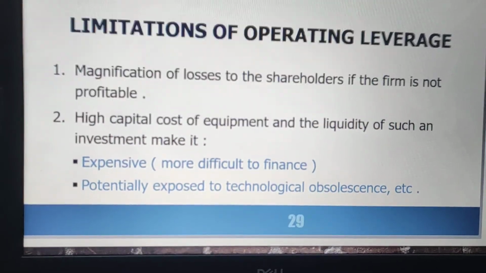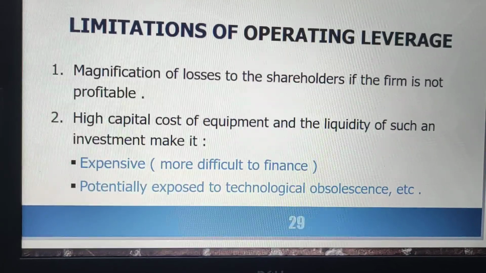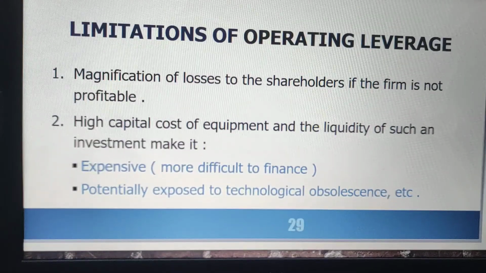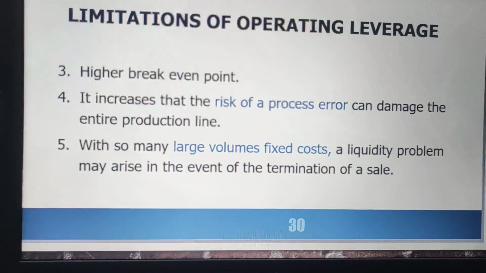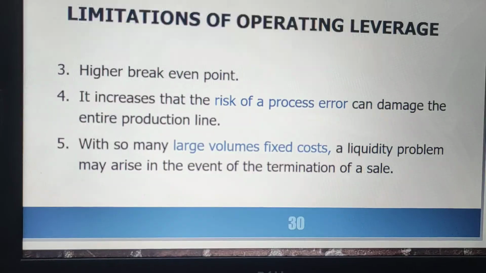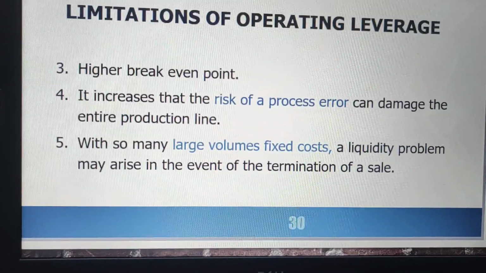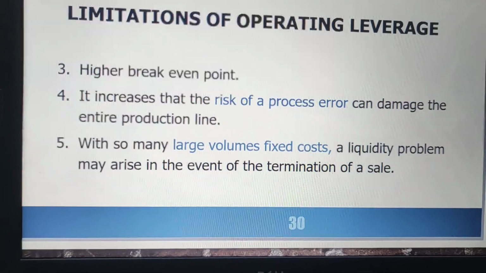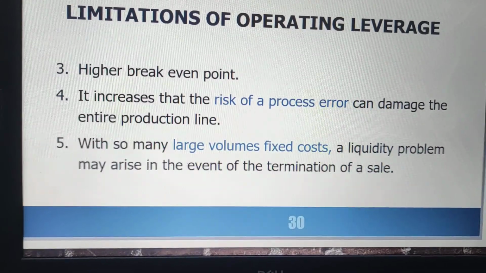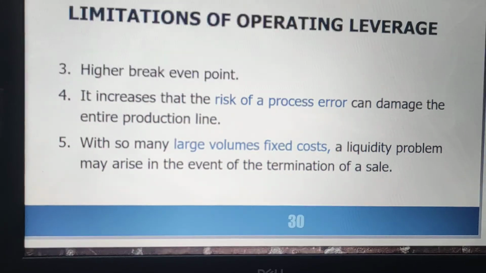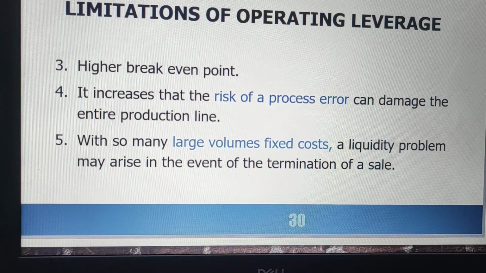High capital cost of equipment and the illiquidity of such investment make it expensive and more difficult to finance. High break-even point increases the risk that a process error can damage the entire production line. With so many large-volume fixed costs, a liquidity problem may arise in the event of a fall in sales.